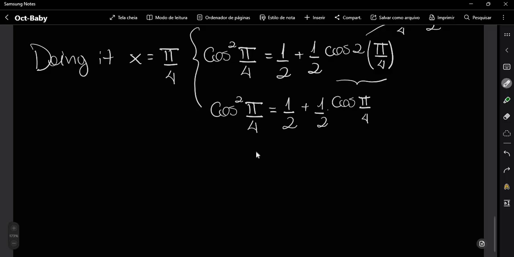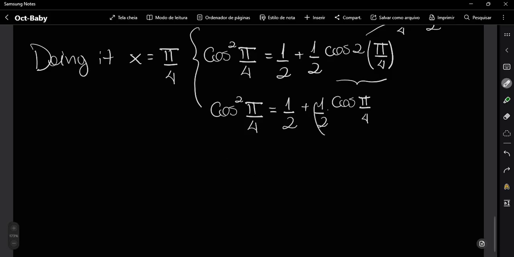And if we now subtract cosine square of pi over 4 of both sides, so if we cut right here and if we cut right here, we will be taking cosine pi over 4. I think we cannot do this actually.